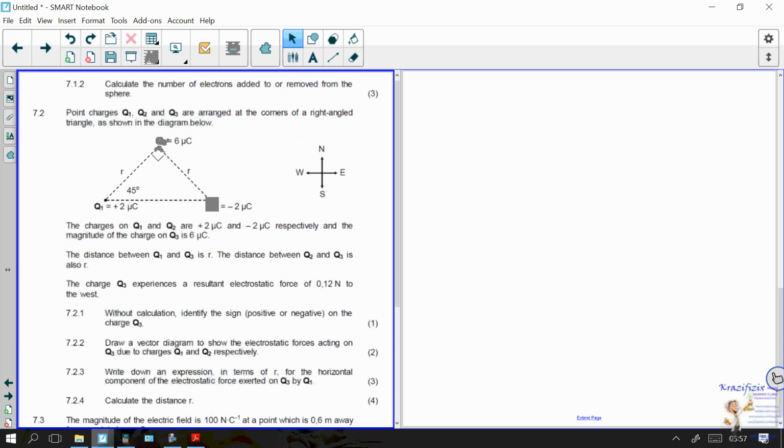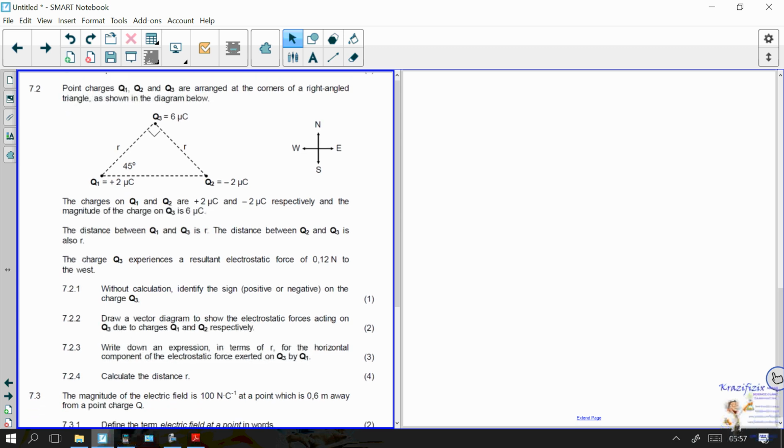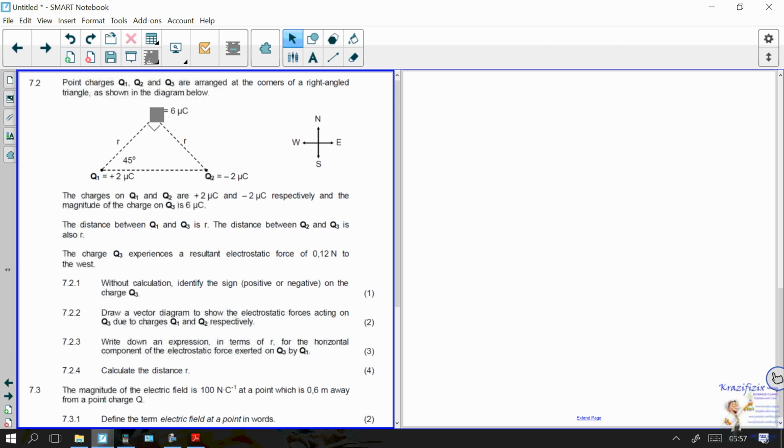The charges on Q1 and Q2 are positive 2 and negative 2 microcoulombs respectively, and the magnitude of the charge on Q3 is 6 microcoulombs. The distance between Q1 and Q2 is r. The distance between Q2 and Q3 is also r.